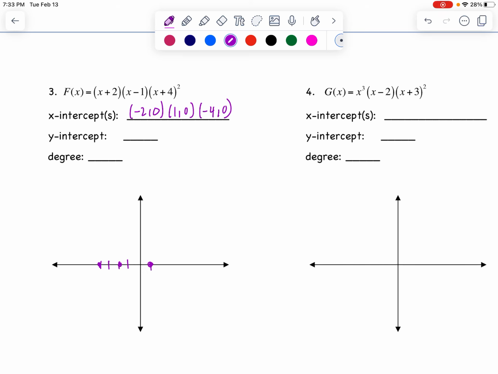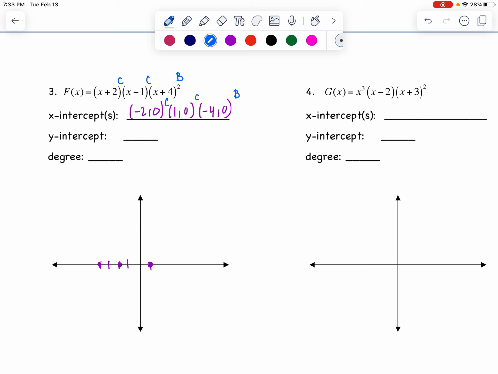There they are. Next is labeling each x-intercept as a cross (linear), bounce (quadratic), or squiggle (cubic), right? In this case, we have a cross at -2, 0, a cross at 1, 0, and then we have a bounce at -4, 0.